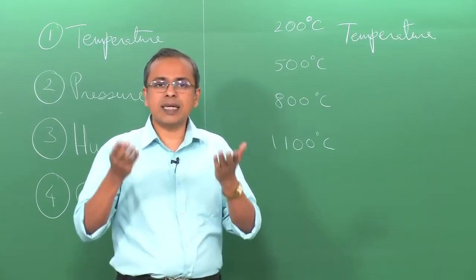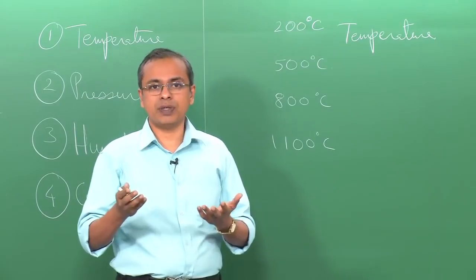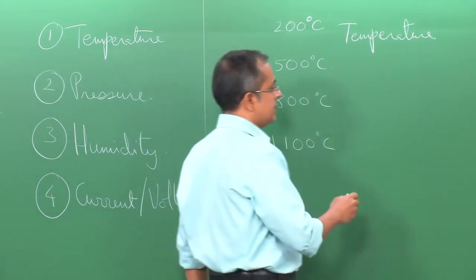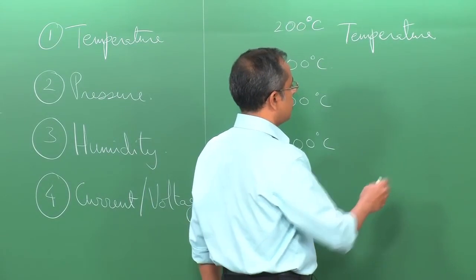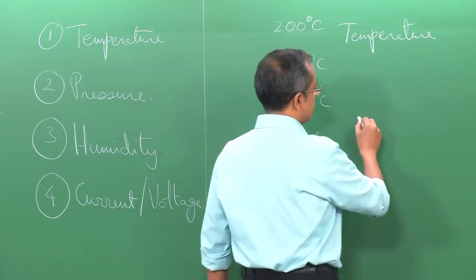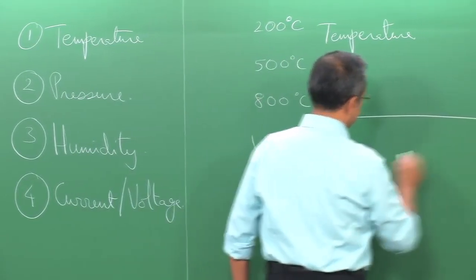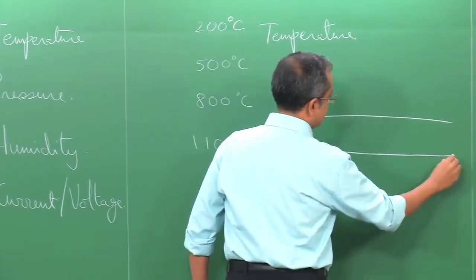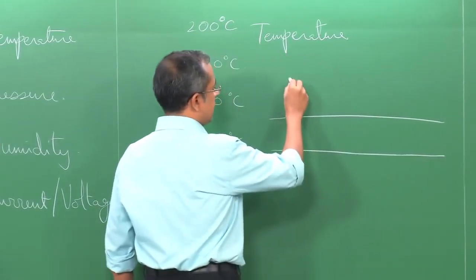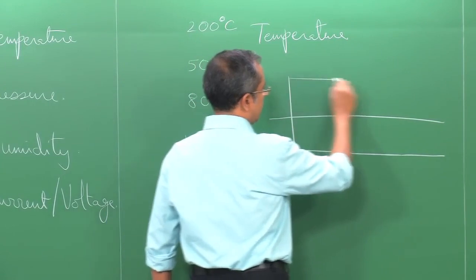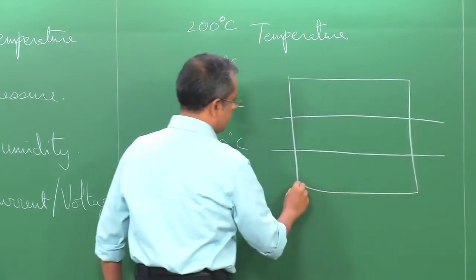Okay? And this is an experimental thing that you have to be aware of, right. So, for example, let me just say that I have a tube furnace. So, let us say there is a tube here, and this is inside some structure which envelops it.